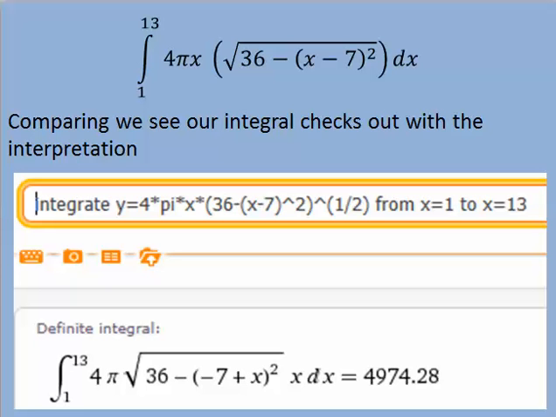The only thing they did, and I'm not really sure why, is they wrote -7 plus x instead of x minus 7. But since you're squaring, those two are definitely equal, and so I can trust the value that they give me.